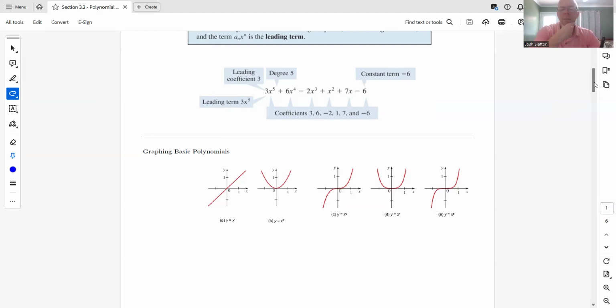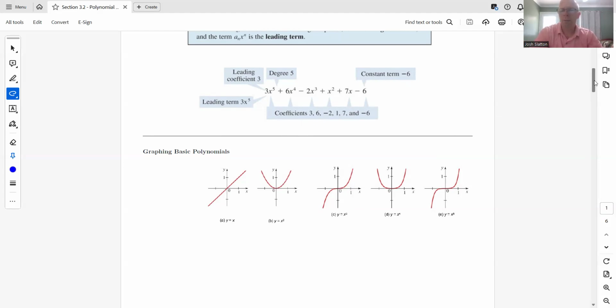And then we talked about transformations before, so the same rules apply for transformations as we go. So for instance, adding a constant on the end moves it up. Adding or subtracting a constant inside with the exponent, so x minus 3 cubed, would move it left or right.